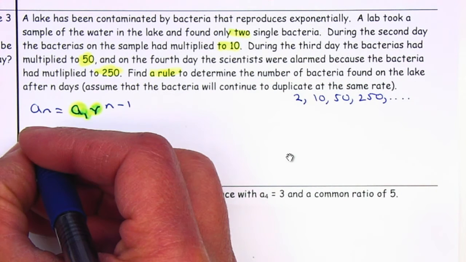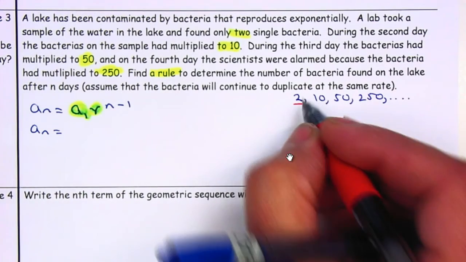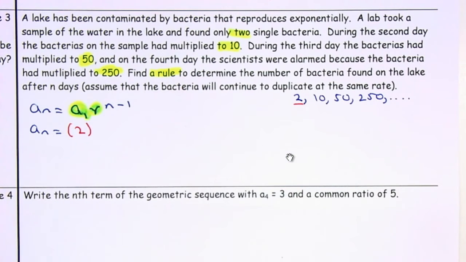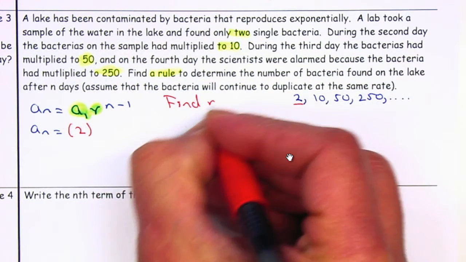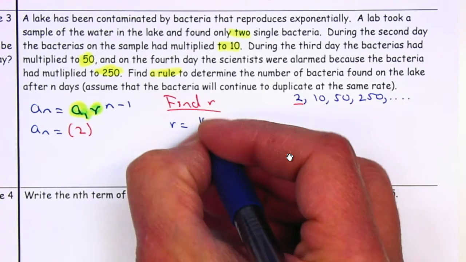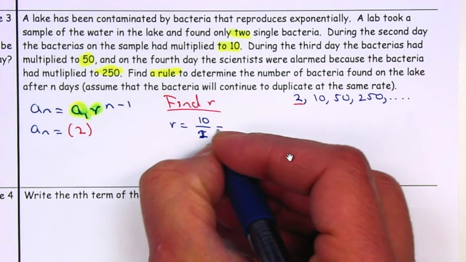We have a sub n is equal to a sub 1, which is your first term, in this case is 2. We need to be able to find the ratio. So let's go and find r, the ratio. The ratio is given to you by the second number divided by the first number. In this case, it's just 5.